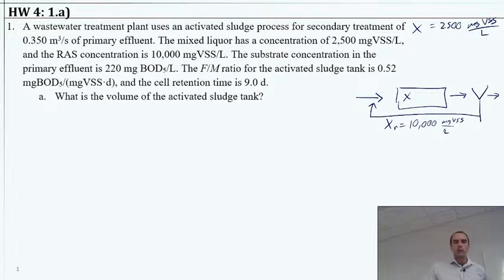The substrate concentration in the primary effluent, that means the influent for this system, that's S naught, is 220 milligrams BOD per liter. We have an F to M ratio given at 0.52 milligrams BOD per milligram VSS per day. And the cell retention time, theta C, is 9 days.